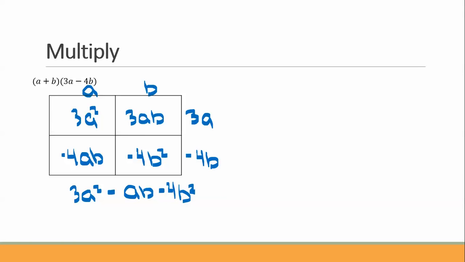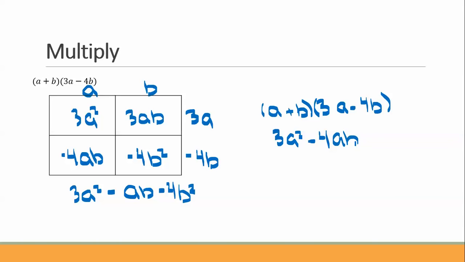And if you noticed before, the inside here is what ends up happening when we do the distributive property of multiplication over addition also. So we have A times 3A is 3A squared. A times minus 4B is minus 4AB.